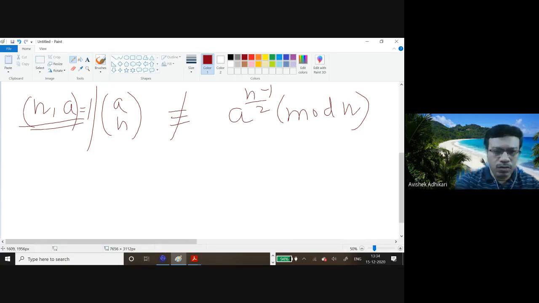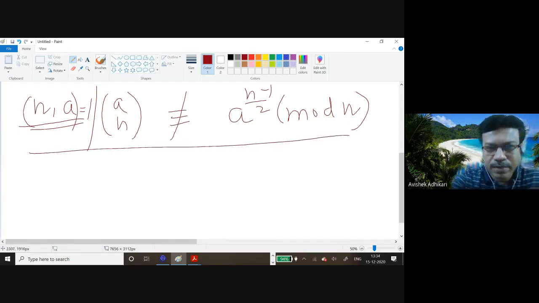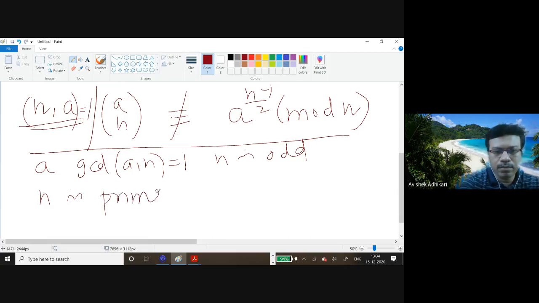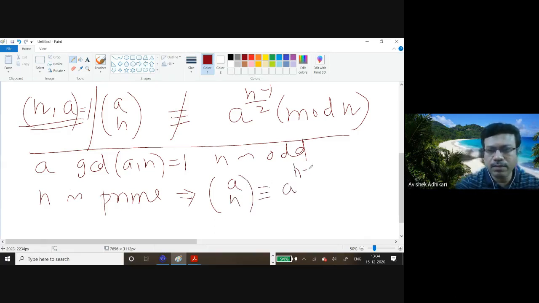Okay, so suppose in my Legendre symbol case, what we have written? So a is such that GCD of a and n equal to 1, n is odd, so n is prime, that will imply a^((n-1)/2) should be equal to (a/n) modulo n.